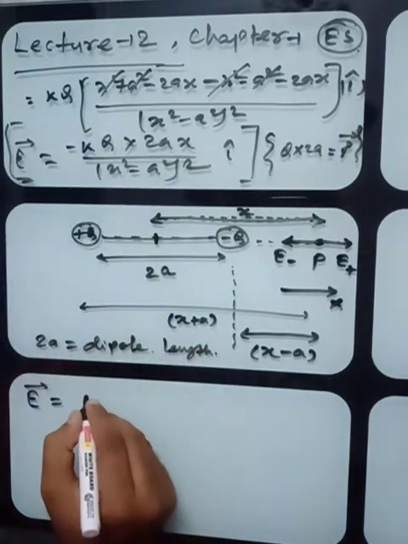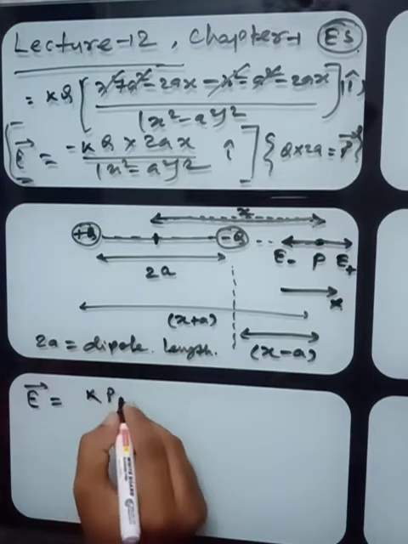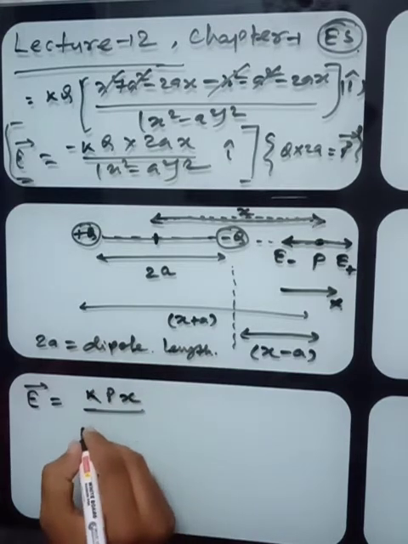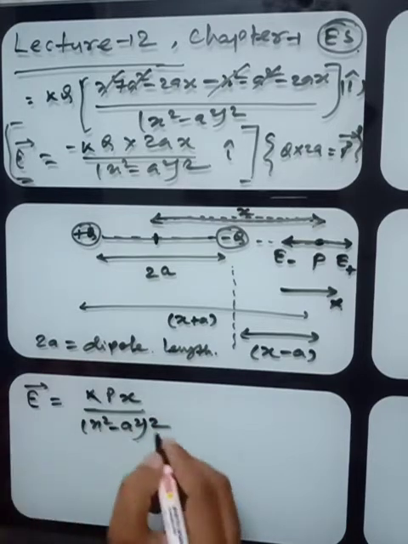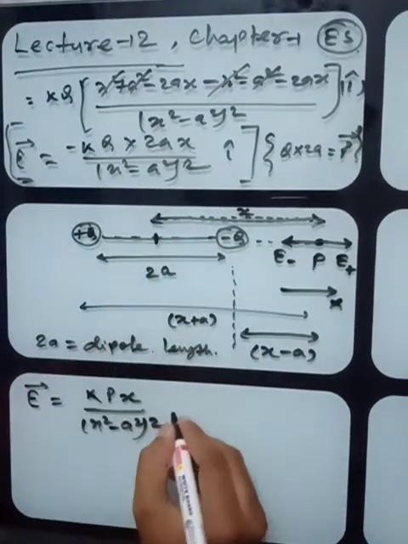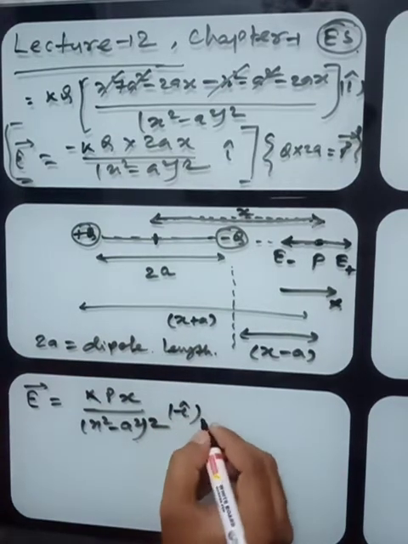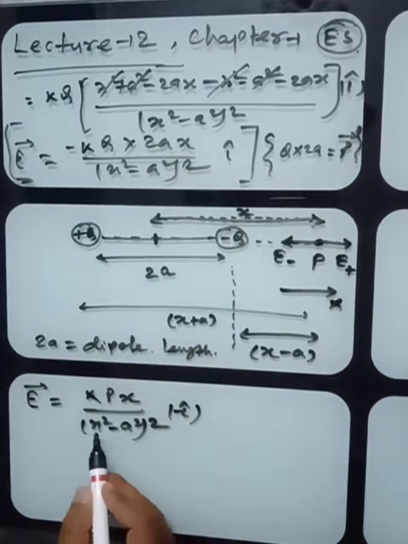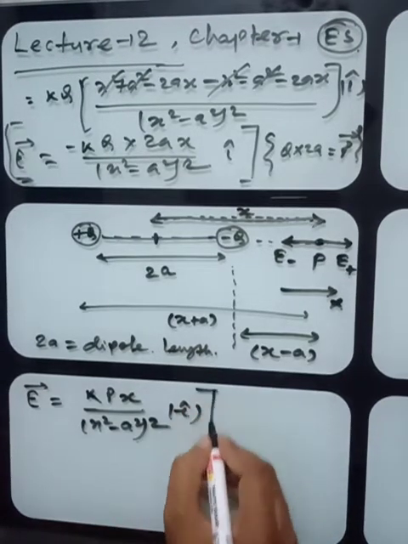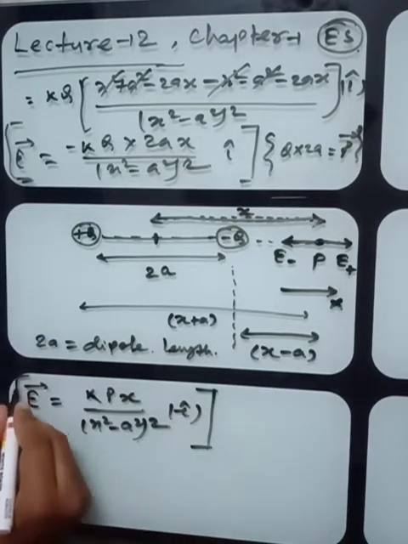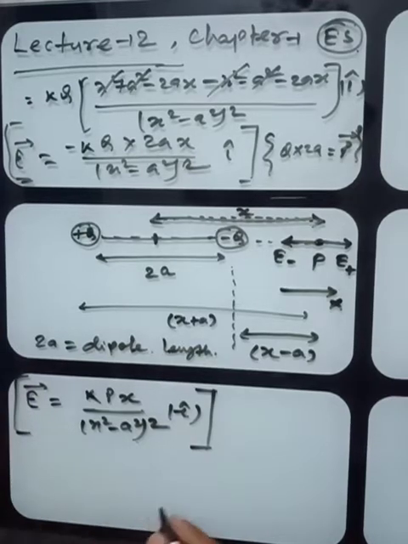So it is kpx over (x square minus a square) whole square, and this minus I am taking with the direction, it is minus i cap. This is another standard equation you will use for the electric field due to a dipole at the axial point.